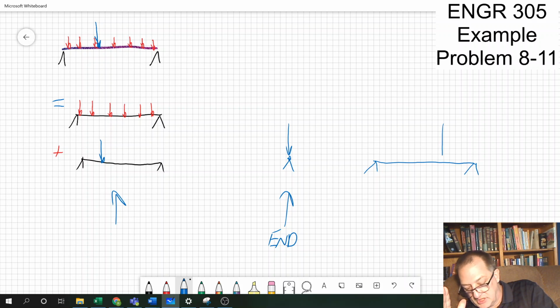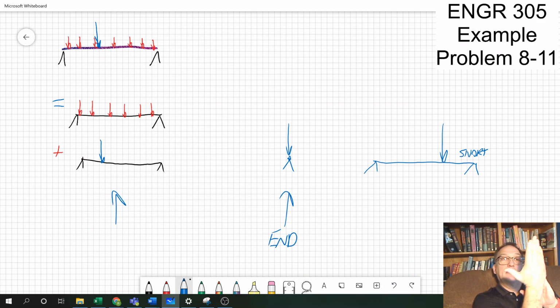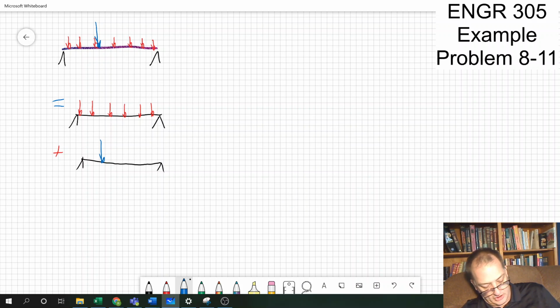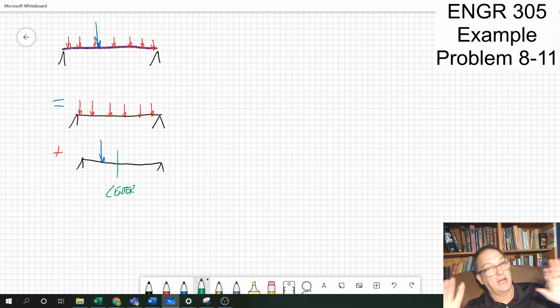And then from the other side, I'm going to look like this, where now this is my short side. So whether I look at it this way or this way, that makes the difference of how B and A get distributed. So we're okay. Now, the other thing that's interesting is we're looking at the deflection at the center. So when I flip it, I don't have to worry about B's and A's, and those things will kind of go away.